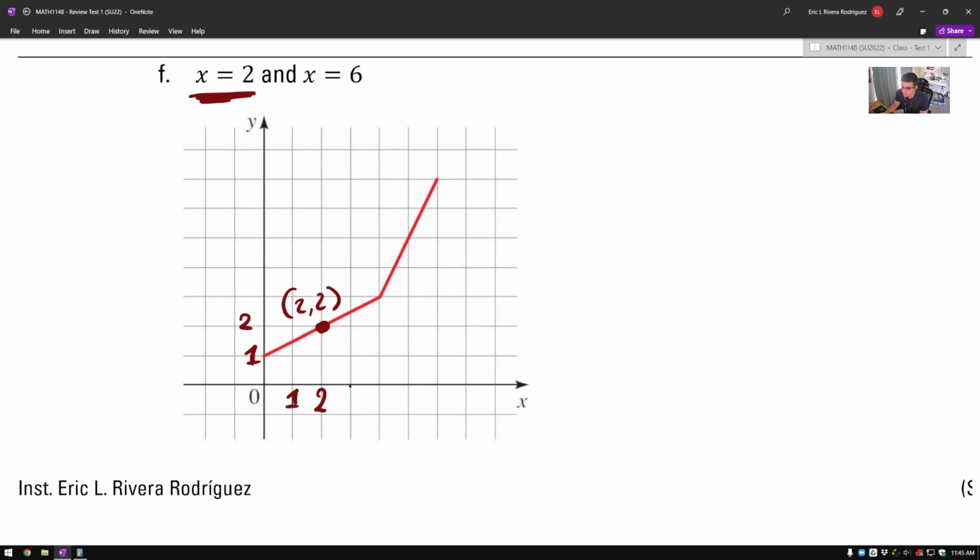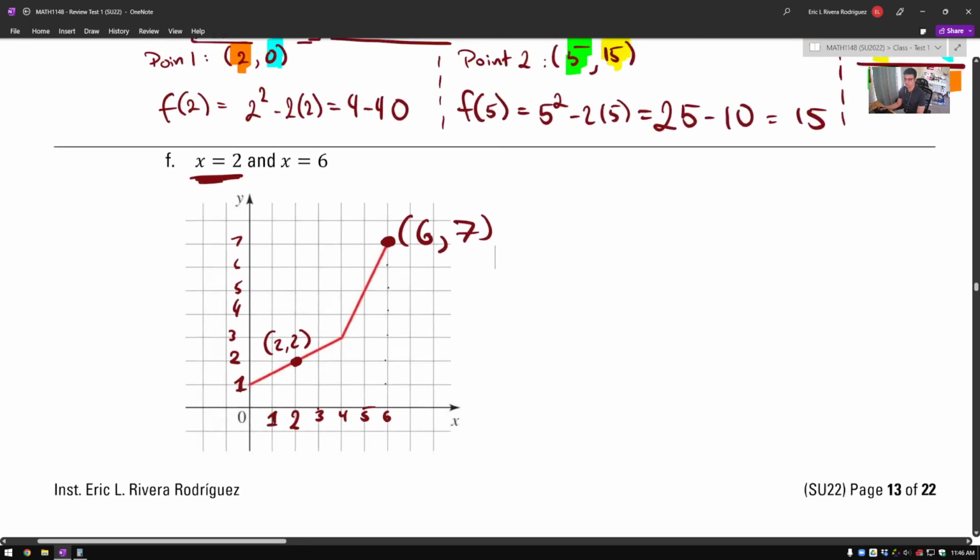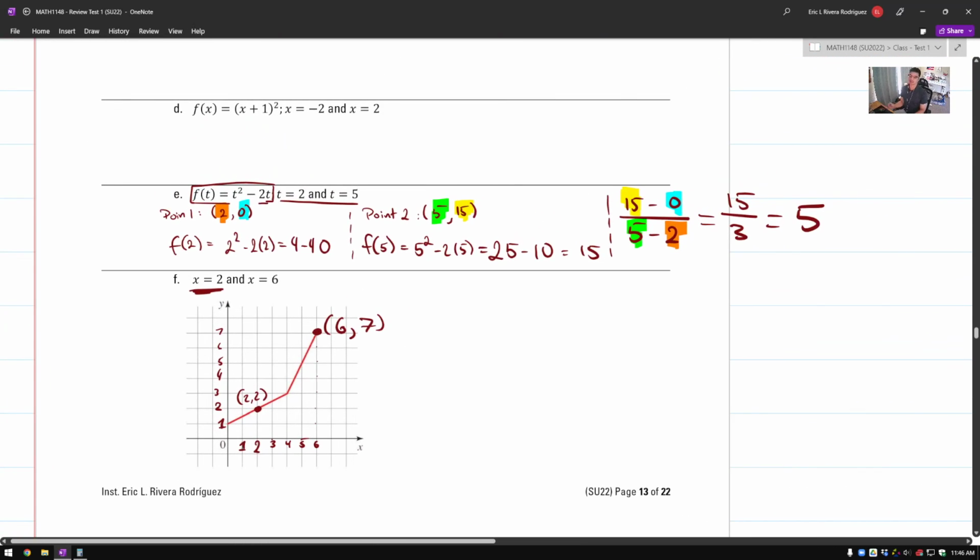Then we have x equals 6. So 3, 4, 5, 6, and then we go up, and that is that point. Let's see what value that is. So 3, 4, 5, 6, 7. So (6, 7). So those are the 2 points. Use the formula, and then you get the average rate.